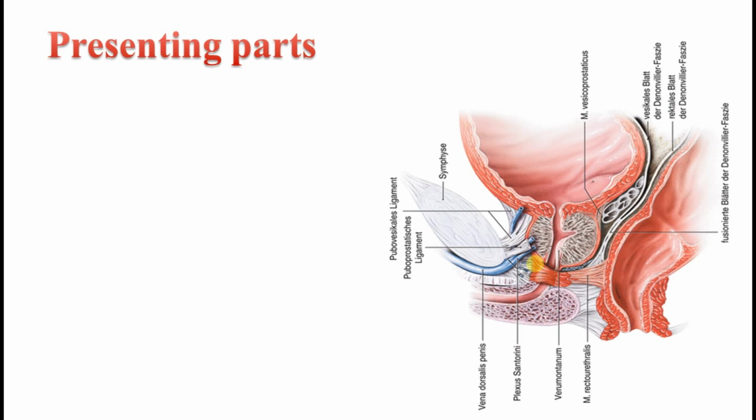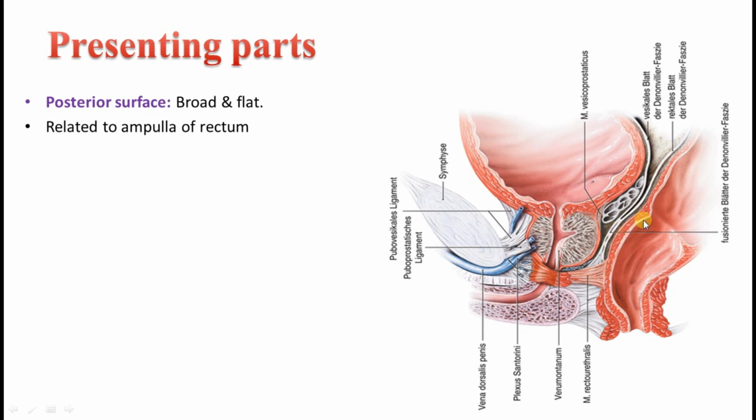Next, coming to the posterior surface. The posterior surface is broad and flat, somewhat flattened from above downwards, and it is related to the ampulla of the rectum. The lower dilated part of the rectum is called the ampulla of the rectum.